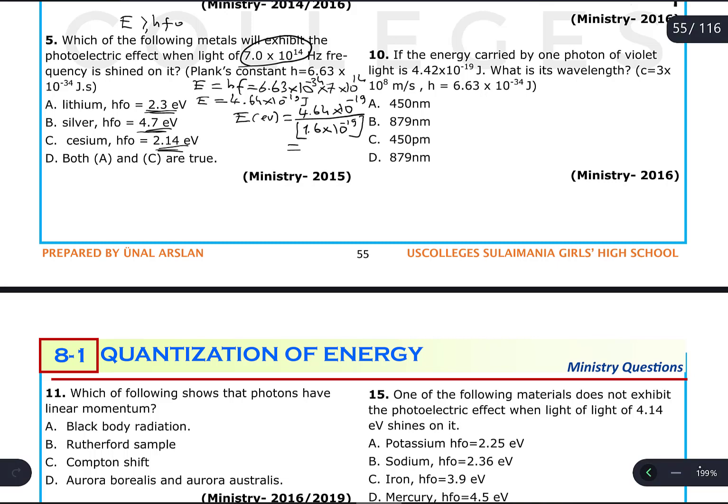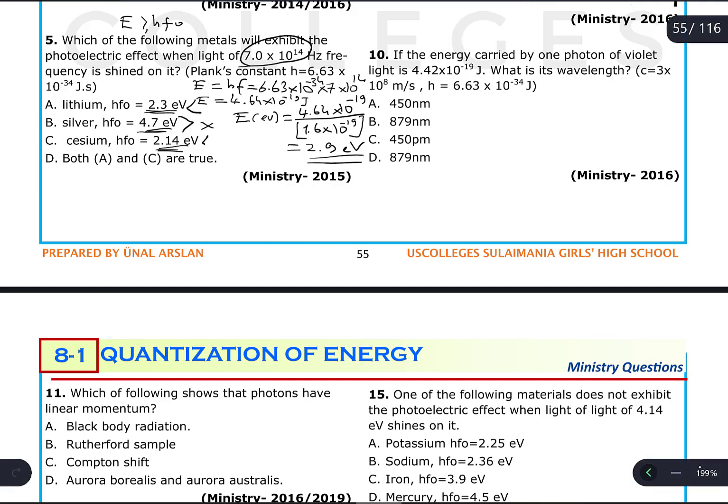So the energy of the photon is 2.9 electron volt. If the work function is less than or equal to that number, we can observe the photoelectric effect. So 2.3 is less than 2.9, so you can observe the photoelectric effect. 4.7 is greater than 2.9, so the photoelectric effect is not observed.